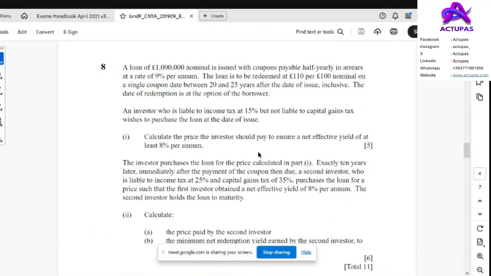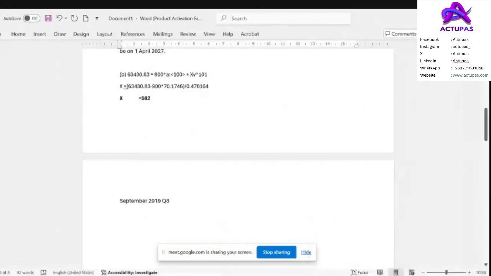And if there is capital gain, it then means the loan is redeemed at the latest date. And if there is no capital gain, then the worst case scenario would be the loan would be redeemed at the earliest date. So the first thing that we have to do is determine if there is capital gain.